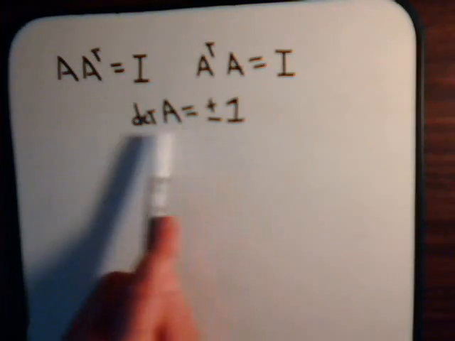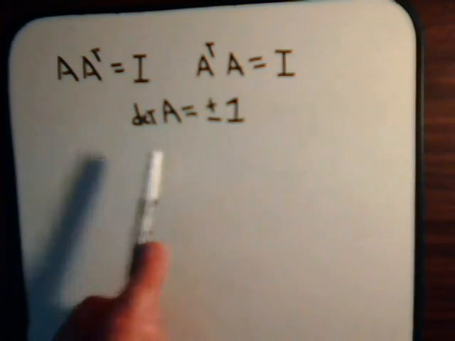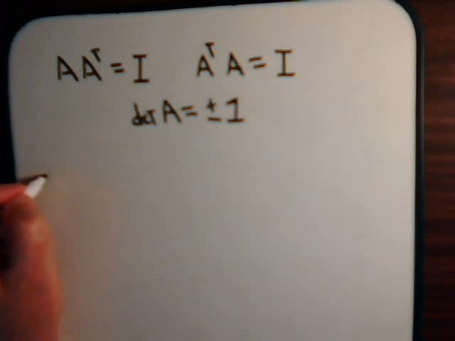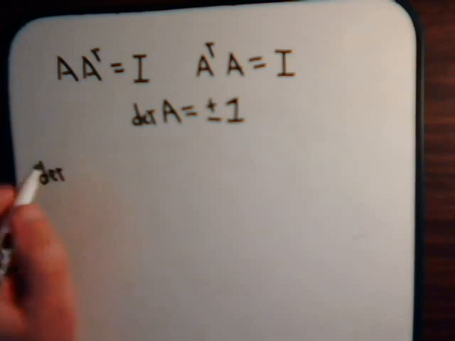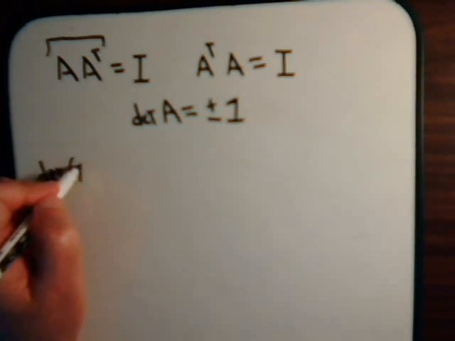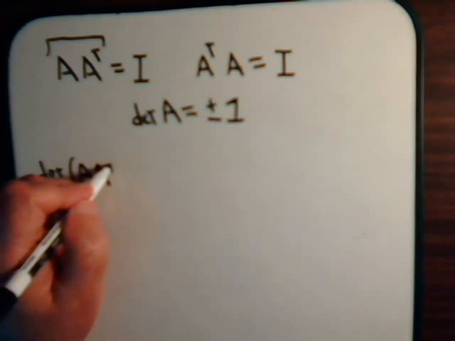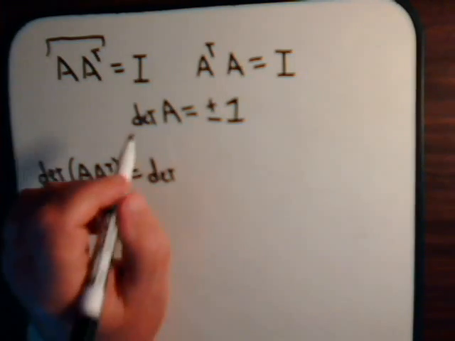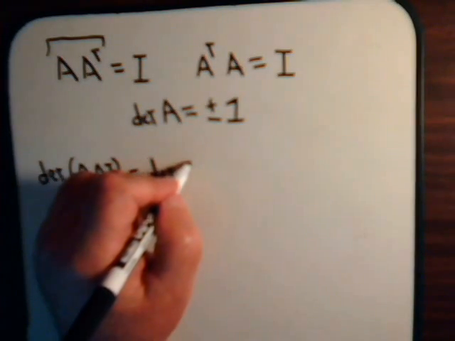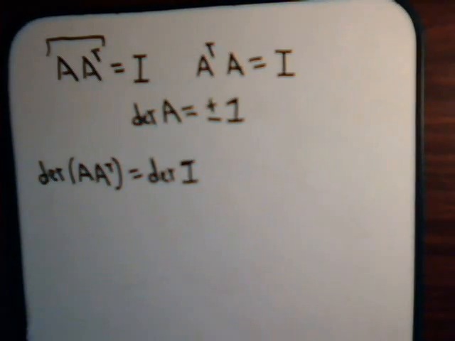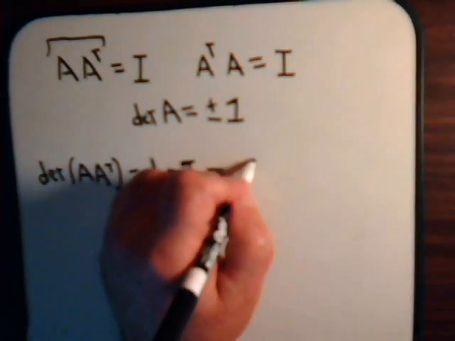This is the easiest to show. Let's do this first. Then we're going to look at some of the implications of what this means. Now, the determinant of these together would equal the determinant of the identity matrix, and that's just 1.